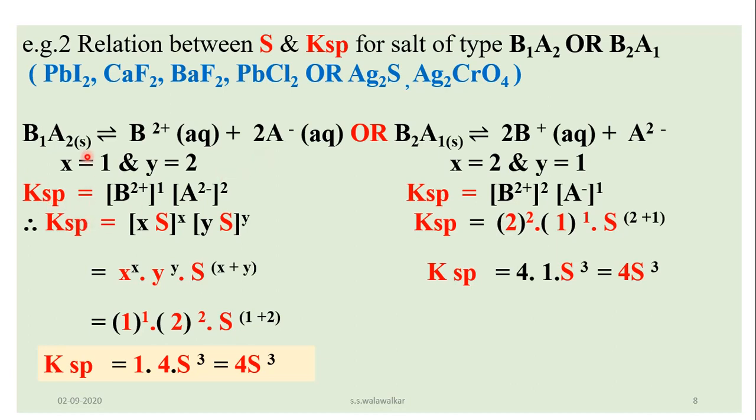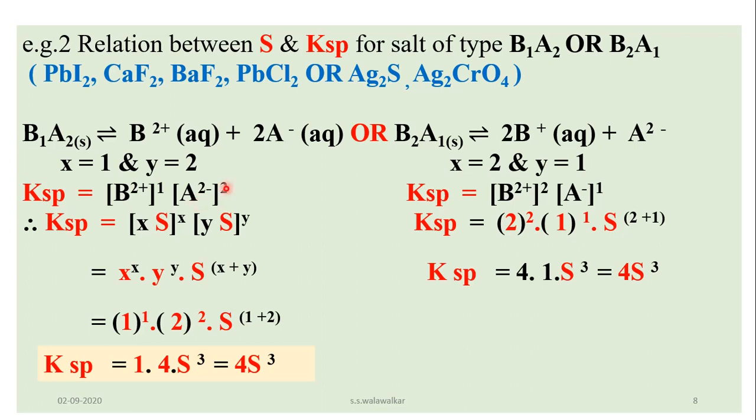So Ksp for this type of salt is equal to the concentration of B ion raised to 1, as X is equal to 1, since the number of moles of B ions is 1, into the concentration of A ions raised to 2, as 2 moles of A ions are there.